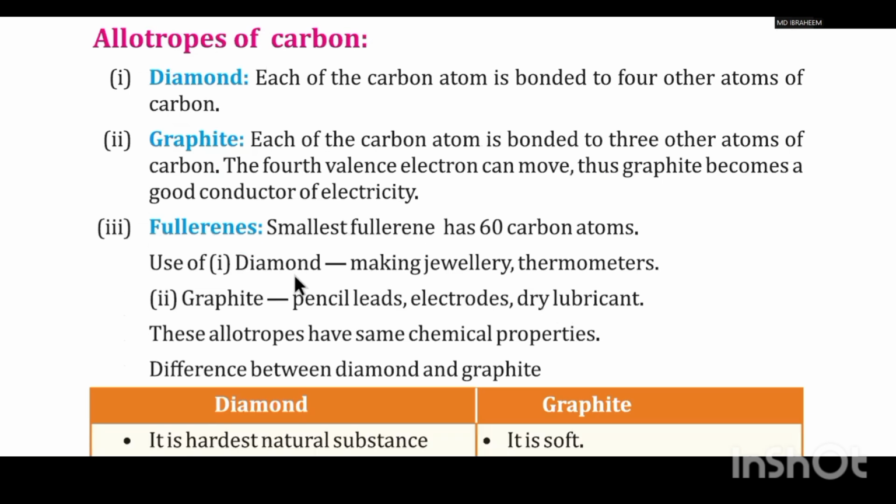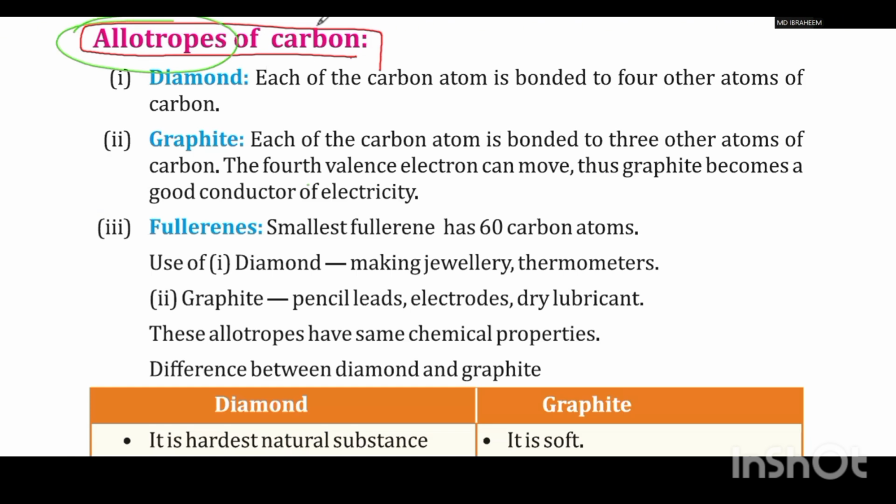This is the most important topic. At least one question will be asked from the allotropes of carbon. First of all, what do you mean by the word allotropes? Anyone in the class can tell me.